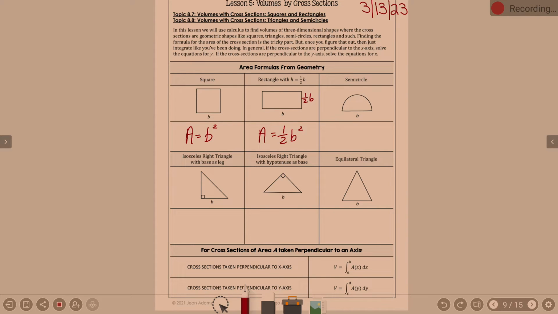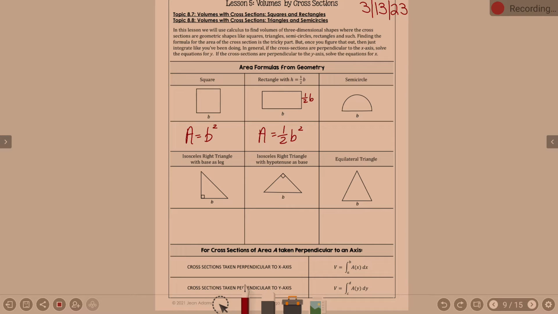Okay, so we know pi r squared is a full circle. A semicircle is going to be pi r squared divided by 2, but what if we need to do this in terms of b? That would be 1/4 because the b is the diameter.